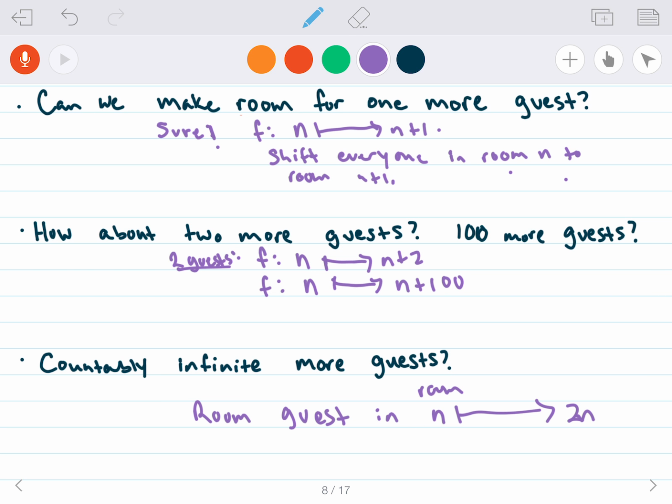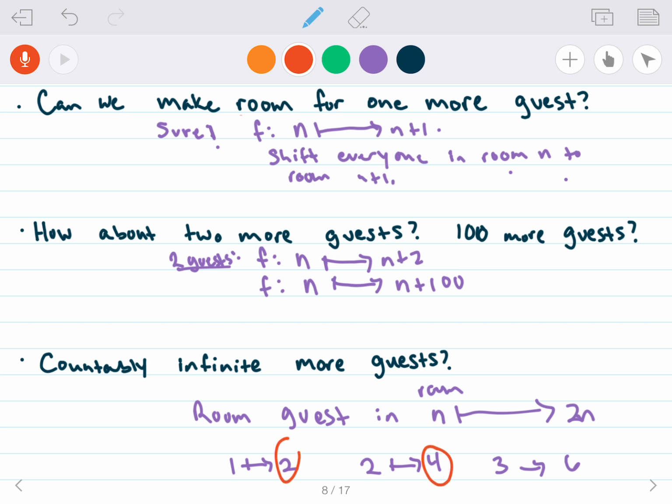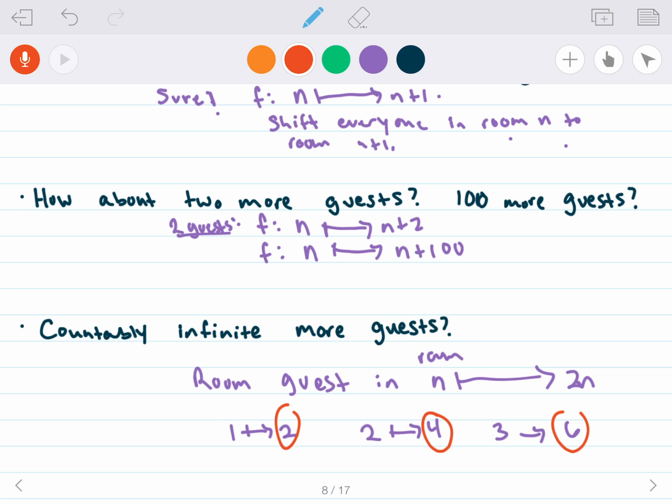So, for instance, the guest in room 1 goes to room 2, the guest in room 2 goes to room 4, the guest in room 3 goes to room 6, and so forth. And so guess what? We've made room for this countably infinite number of guests that just turned up, because we can just stick them in the odd rooms. Now all of the even rooms are full, but the odd rooms are empty because we moved everybody into an even room.